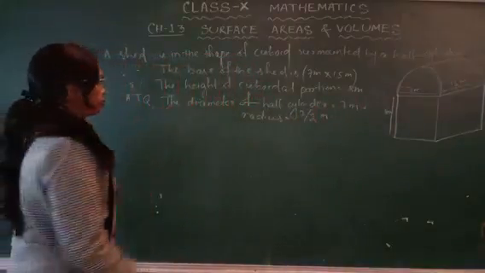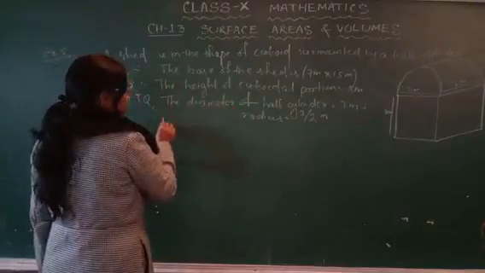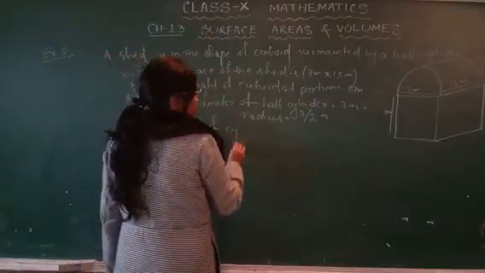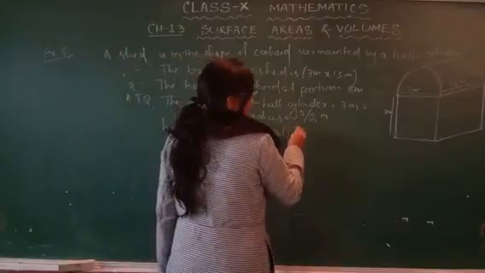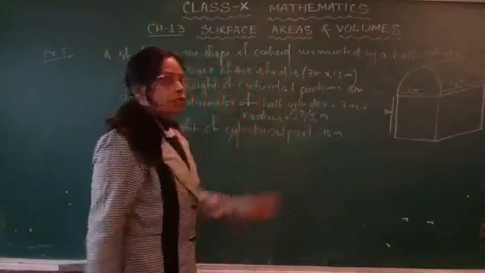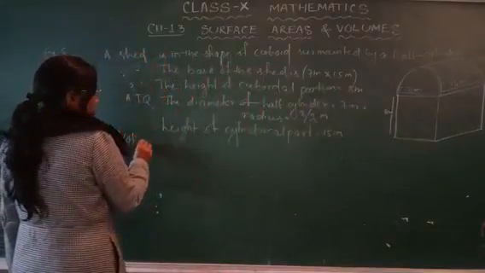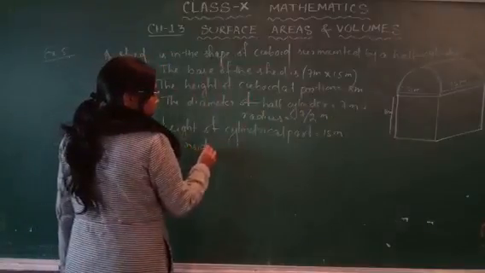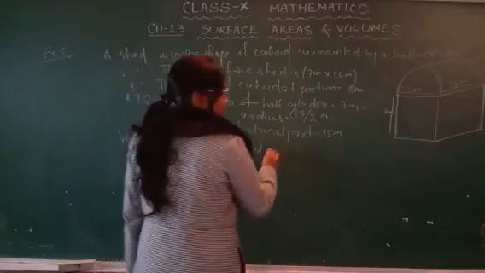Then the height of the cylindrical part is equal to 15 meter. So the volume of air inside the shed is equal to what?